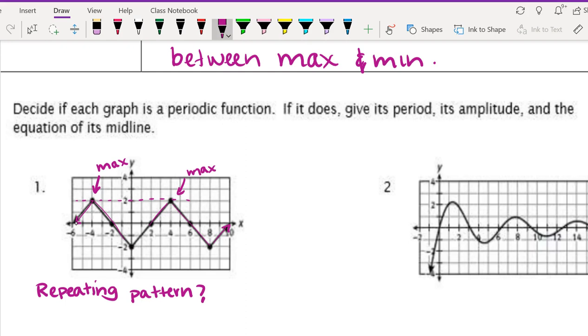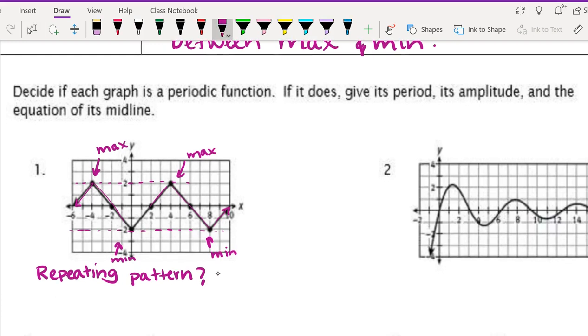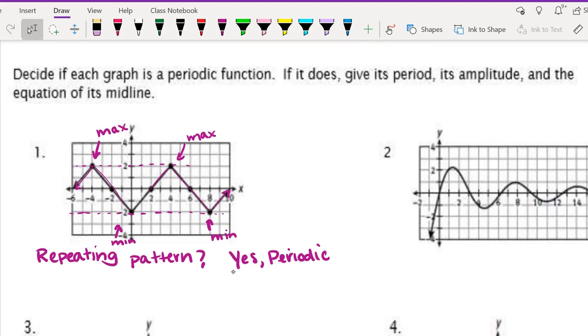And I also come to the same minimum of -2. So the graph never goes below that value. So because I have a repeating up, down, up kind of pattern, yes, it's periodic. Okay? So then if it's periodic, give its amplitude and the equation of the midline.